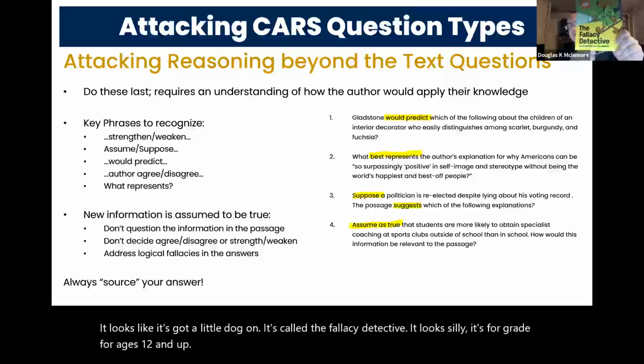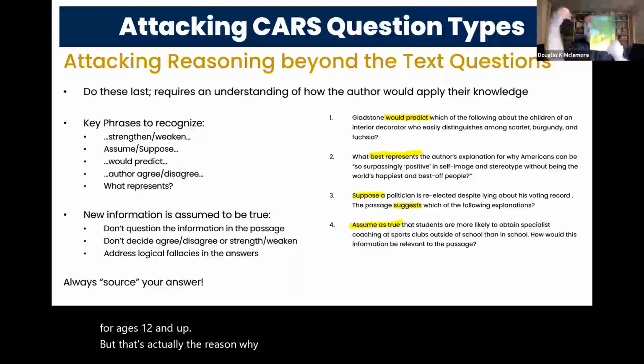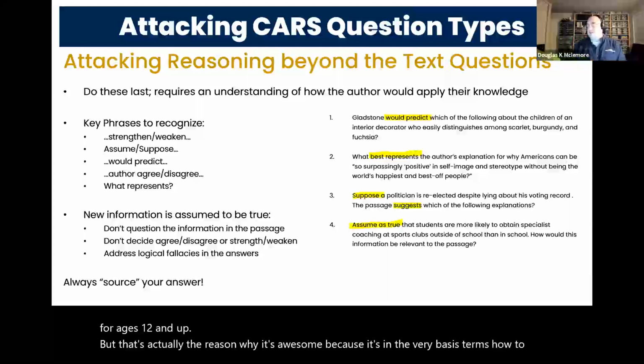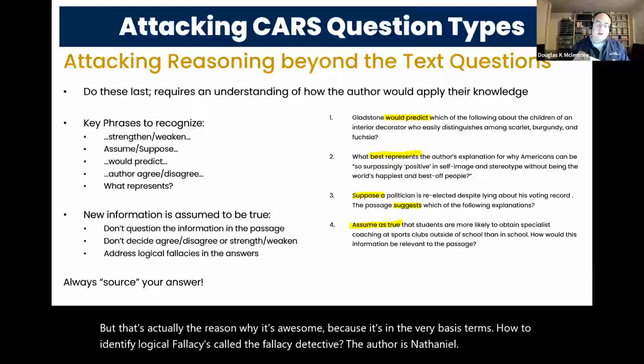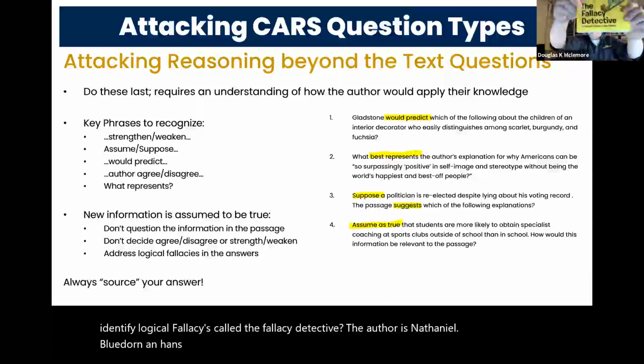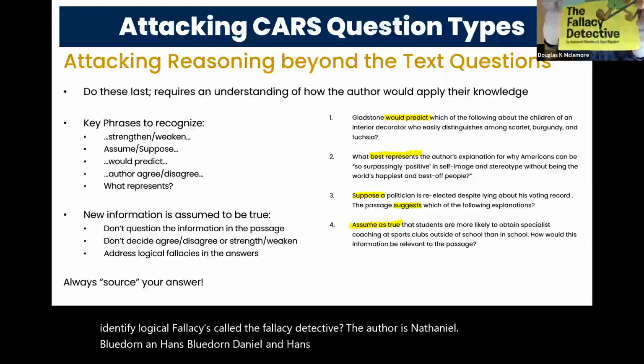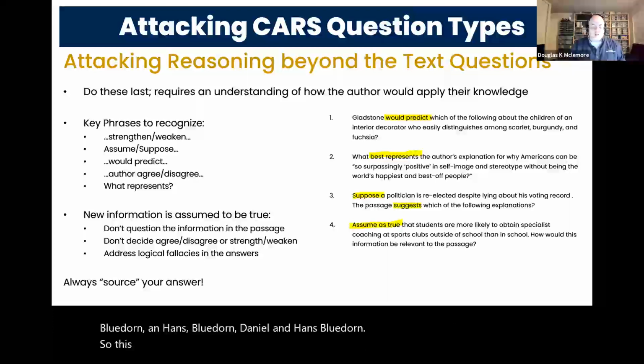But that's actually the reason why it's awesome, because it's in the very basest terms how to identify logical fallacies. It's called The Fallacy Detective. The authors are Nathaniel Bluedorn and Hans Bluedorn. So it's a pretty cheap book. You can just get it off of Amazon, and it's a workbook. It has questions in it.